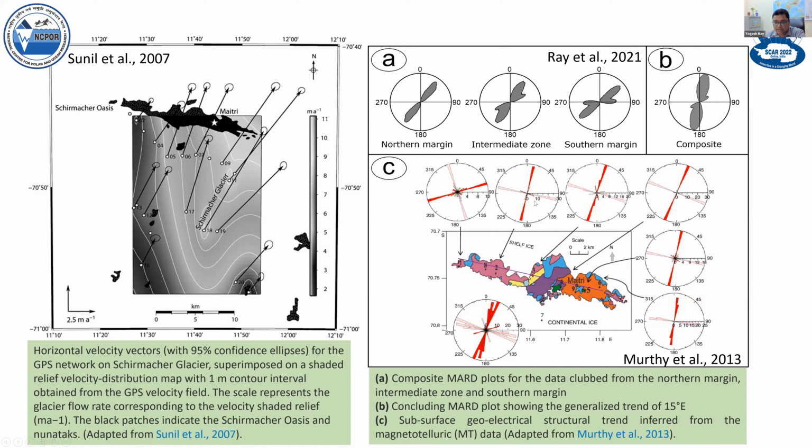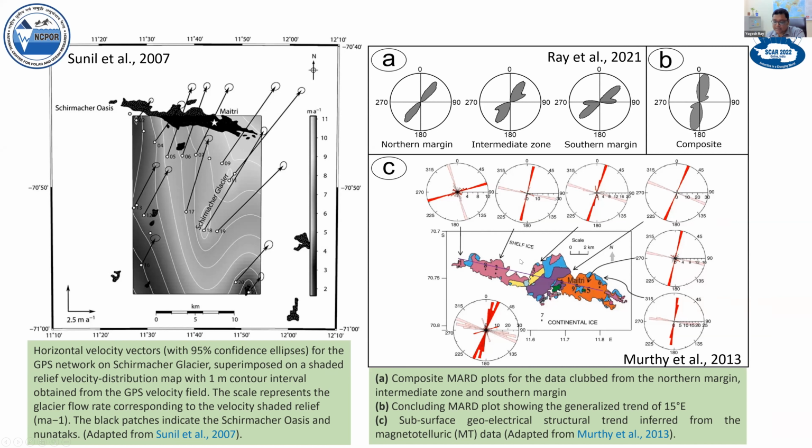Additionally, in the work done by Murthy et al., the subsurface deep electrical conductivity structure beneath the Schirmacher Oasis was studied using the magnetotelluric method. MT uses the natural electromagnetic field for imaging the electrical resistivity structures of the Earth.